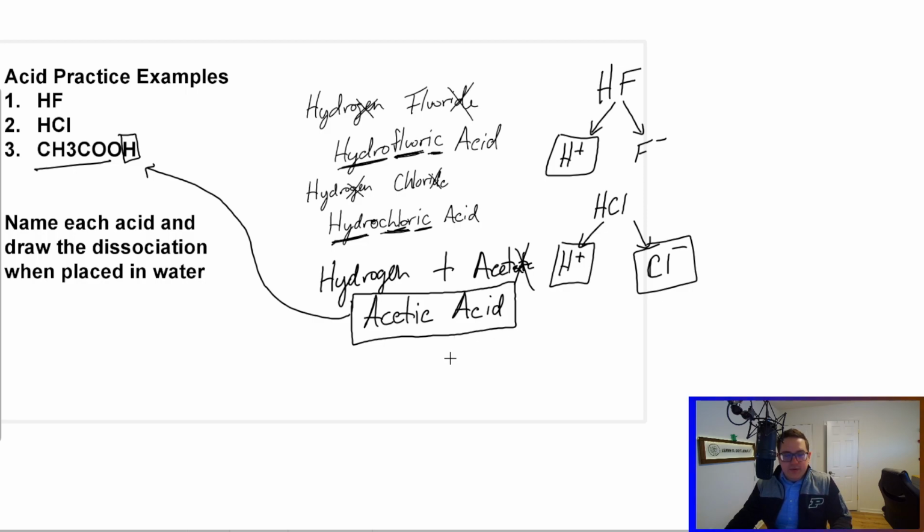And what about acetic acid? We have the same thing. You're going to dissolve it in water, so it's going to be CH3COOH. It turns into CH3COO, give it a minus charge, and then we have H plus.